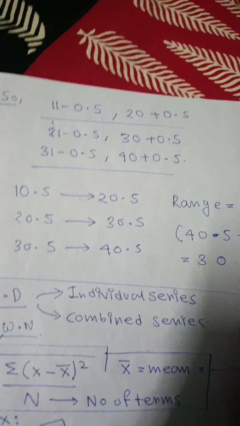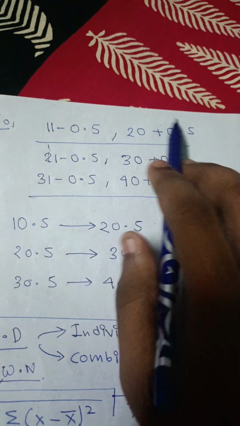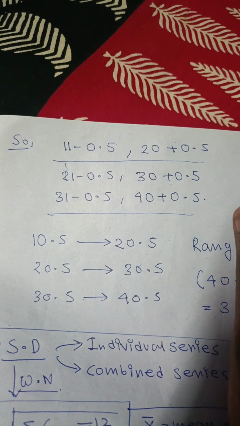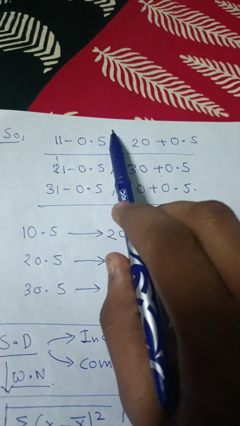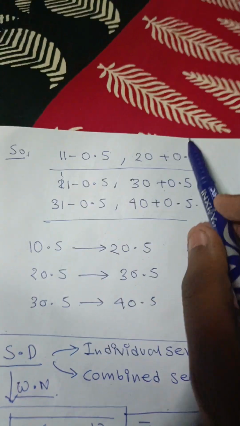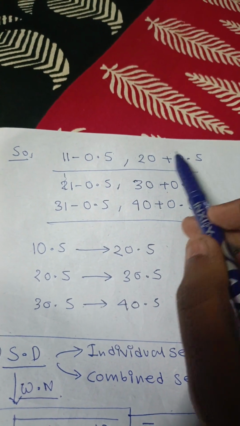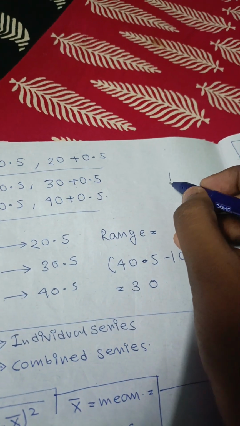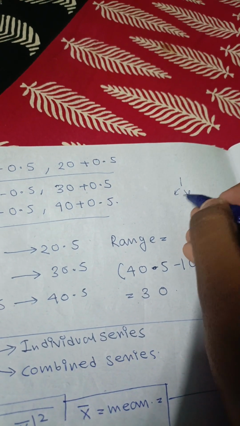It's always the same. For discontinuous series, we have to subtract 0.5 from the lower boundary, and for the upper boundary we have to add 0.5. Why? Because there is a discontinuity of 1, we have to divide it into 2.